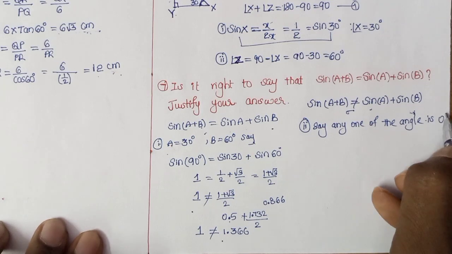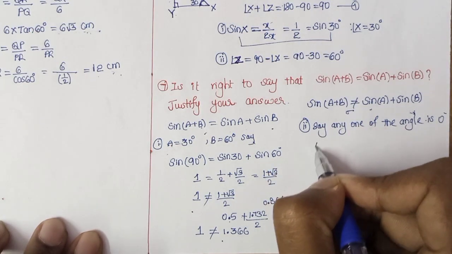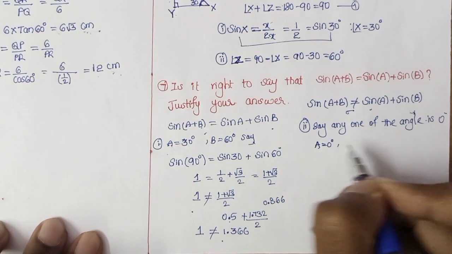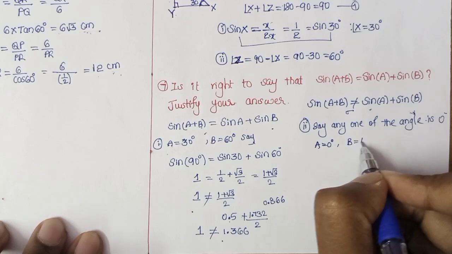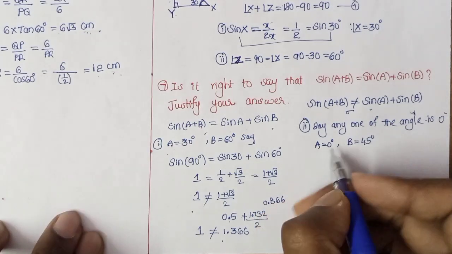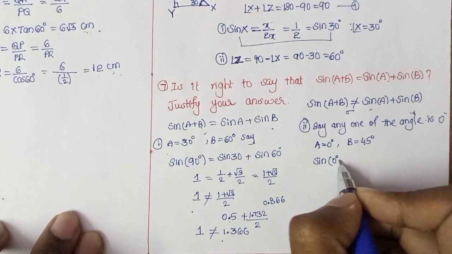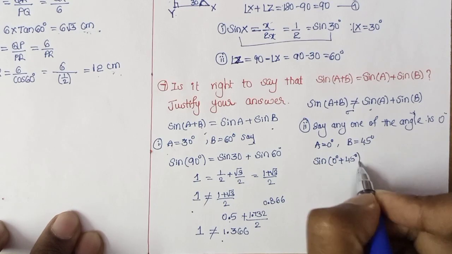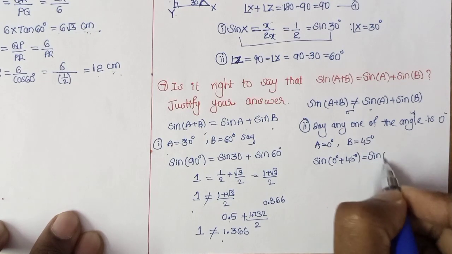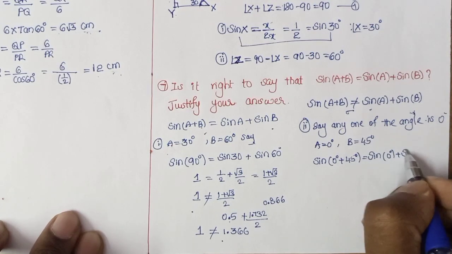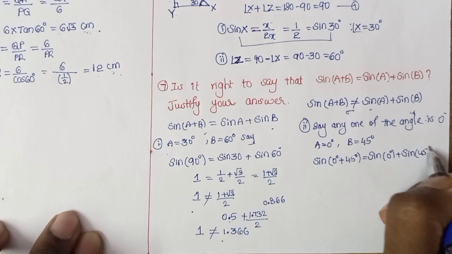Let's consider A is 0 degrees and B is any angle, like 45 degrees. Now sin(A + B) is sin(0 + 45 degrees), which should equal sin 0 degrees plus sin 45 degrees.